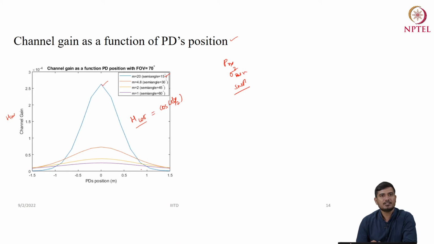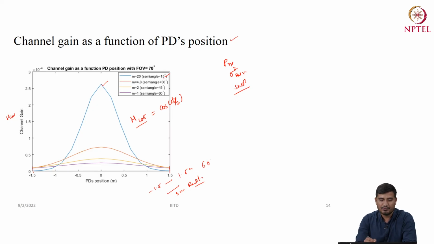So it means there is a trade-off. A wider LED semi-angle will cover more distance. You can see here it is able to cover minus 1.5 to 1.5, so effectively it can cover a 3 meter radius with the angle of 60 degrees.